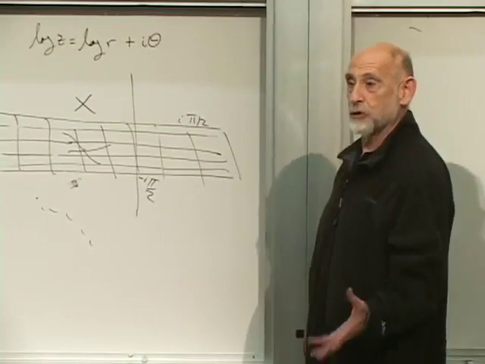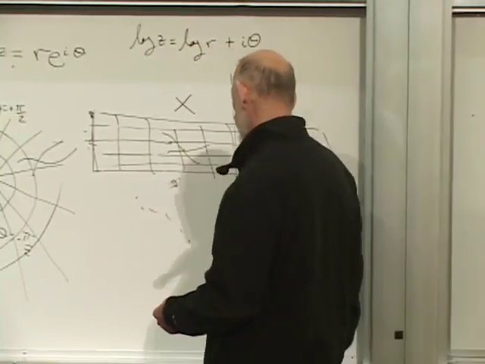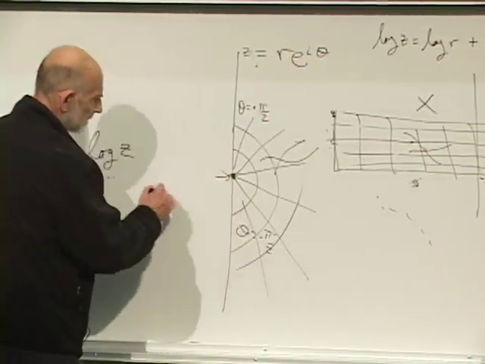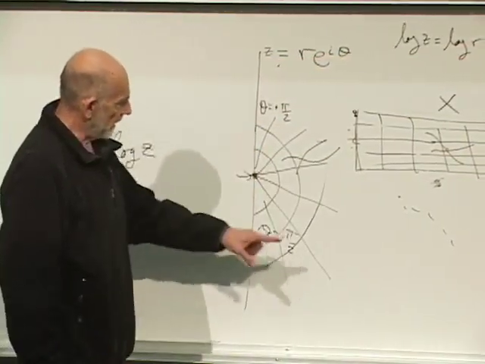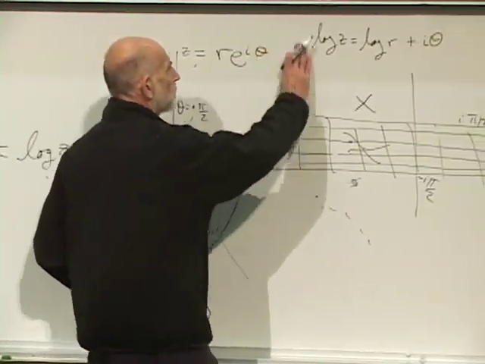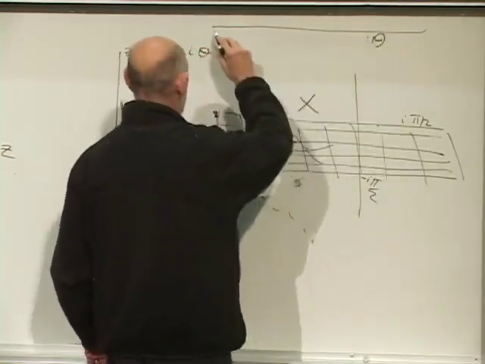Minus pi over 2 plus 2 pi. We could also let it go from... yeah, okay. It goes from minus pi over 2 to minus pi over 2 plus 2 pi. Add 2 pi.